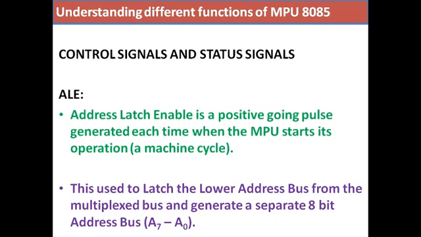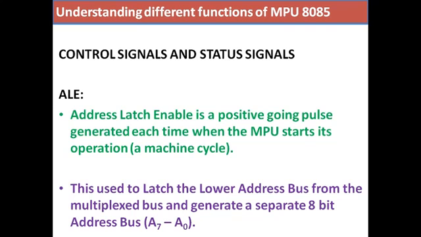Okay, now if the microprocessor is presently in fetch mode, then it is fetching the operational codes from the memory. So basically 8085 takes 4 T states, and during the first T state of that particular machine cycle, all the buses, that is the upper address bus and the lower address bus, will be used as address bus, which will generate a 16-bit address.